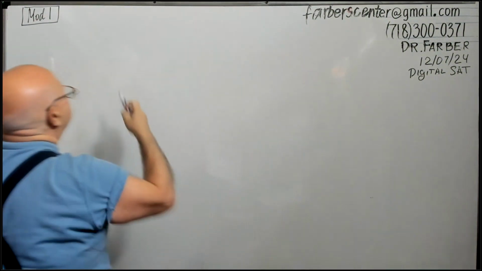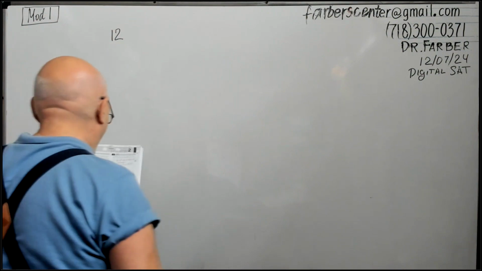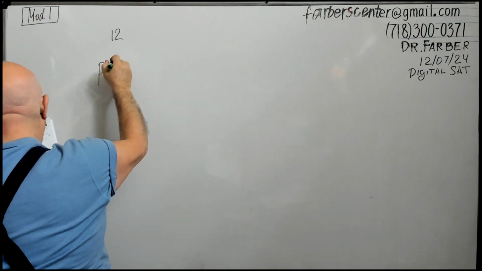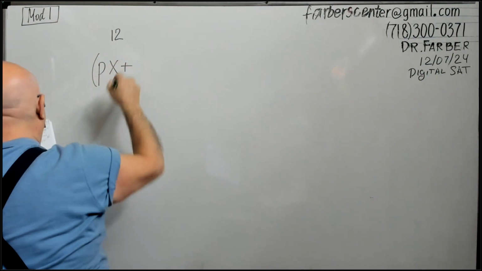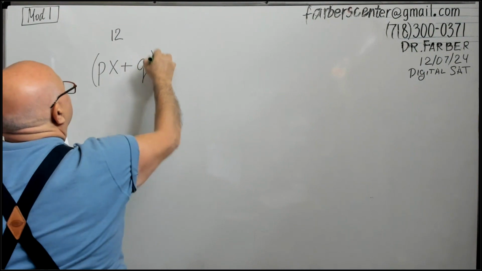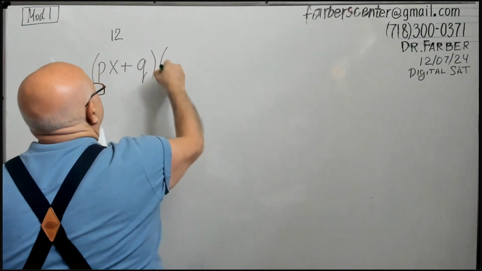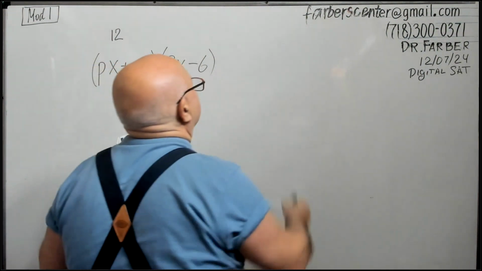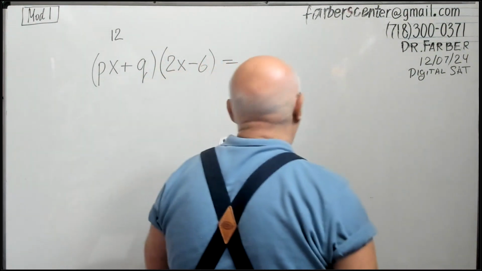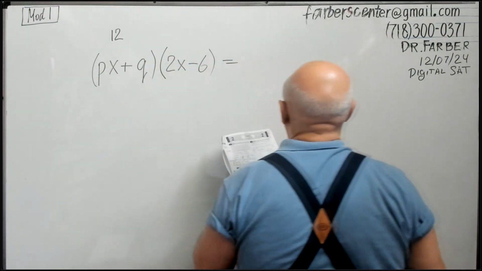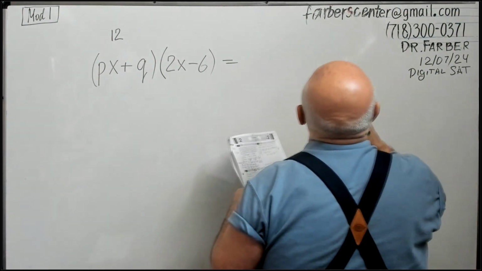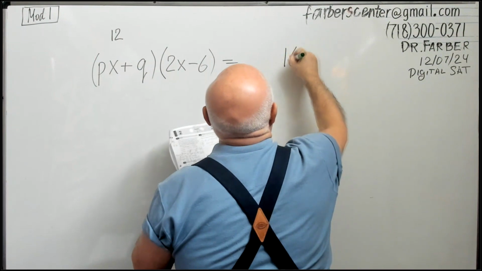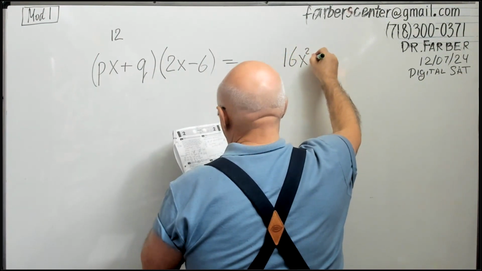In number 12, what is given? P of x, not P. Px plus Q times 2x minus 6 equals, let me save time and space, I write down equals somewhere like this, equals 16x squared minus 40x plus k.